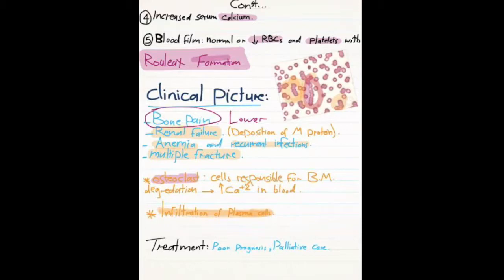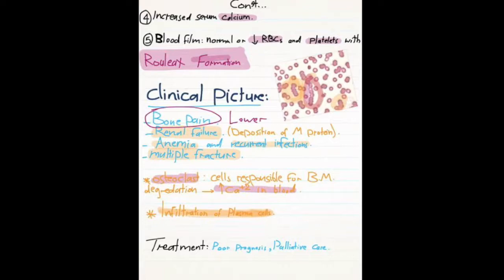Because we have an increased amount of antibodies, we will have increased interleukins secreted from these cells, or the plasma cells. These interleukins will increase the activity of the osteoclast, and as it increases its activity, it is going to degrade more of the bone, and this will result in multiple fractures, as we said, and bone pain, and hypercalcemia in the blood.